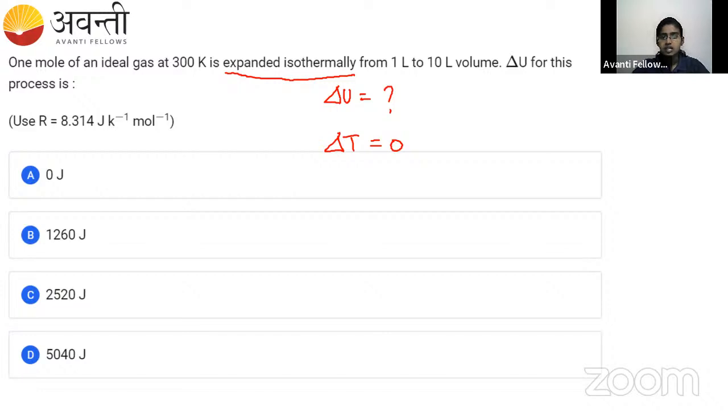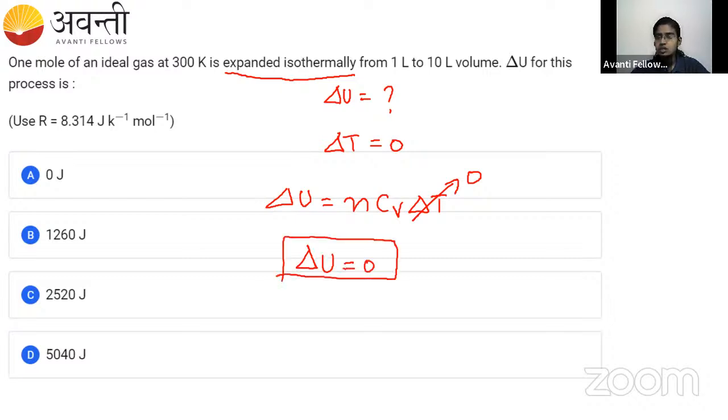We know that delta U is equal to n Cv delta T. Just now we have seen this relation, right? Now here delta T goes to 0. So delta U will also be equal to 0. So the answer is 0 joule. Option A is the correct answer.